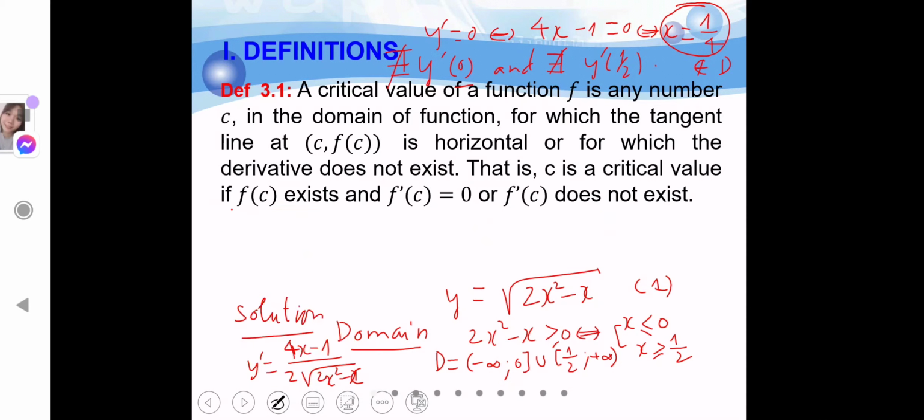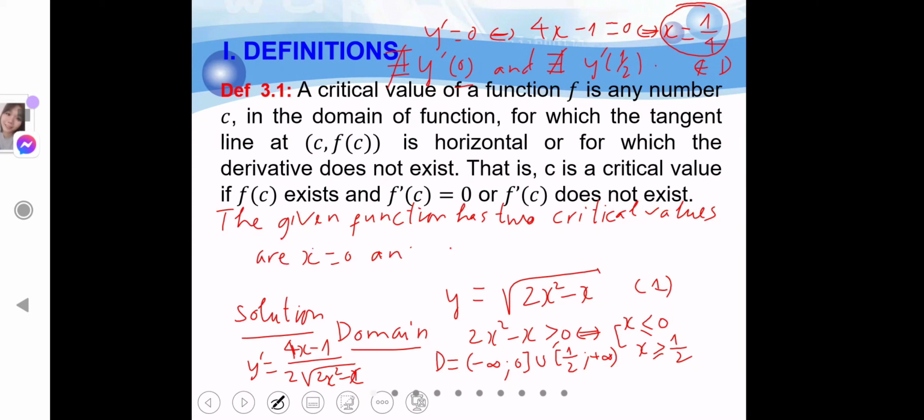In conclusion, the given function has two critical values, x equals 0 and x equals 1.